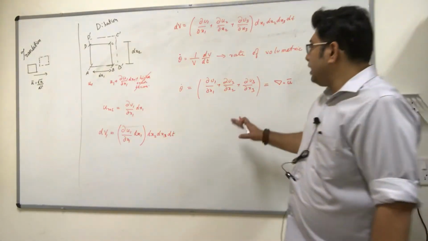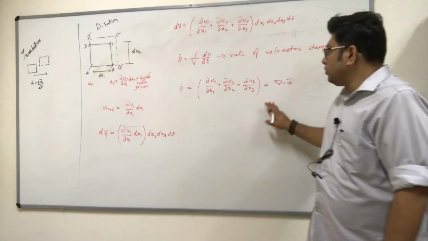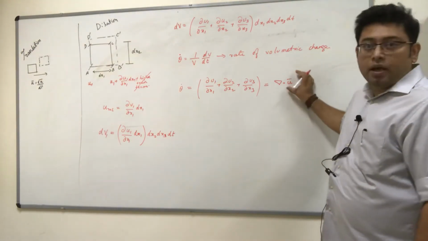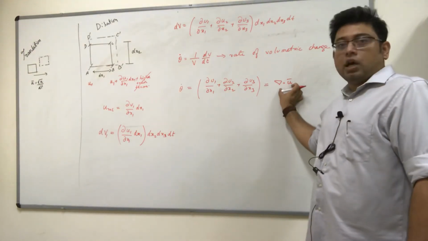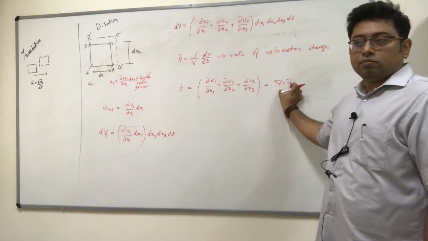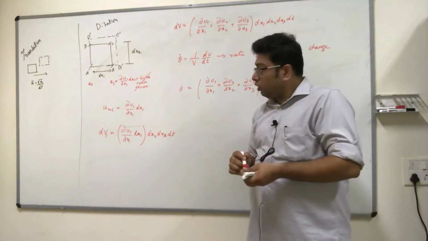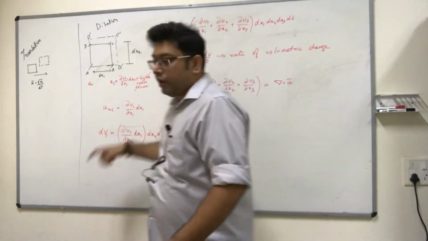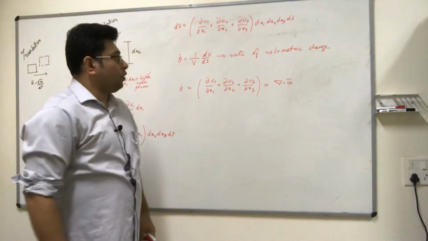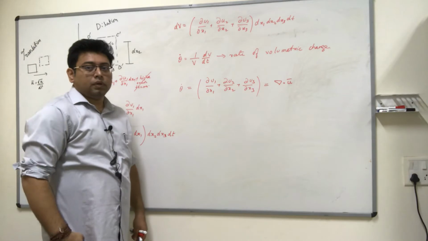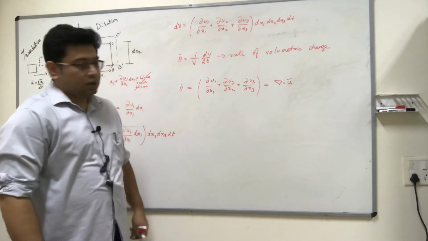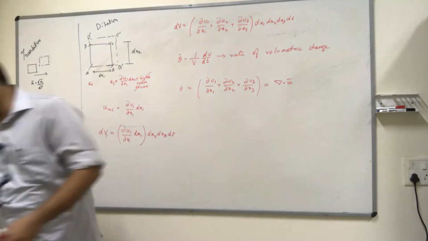So we had dealt with incompressible flows. And what did we say happens to this quantity for an incompressible flow? It's equal to 0. So for an incompressible flow, this volumetric rate of change is 0, right? Okay. So you see how things are falling into place?